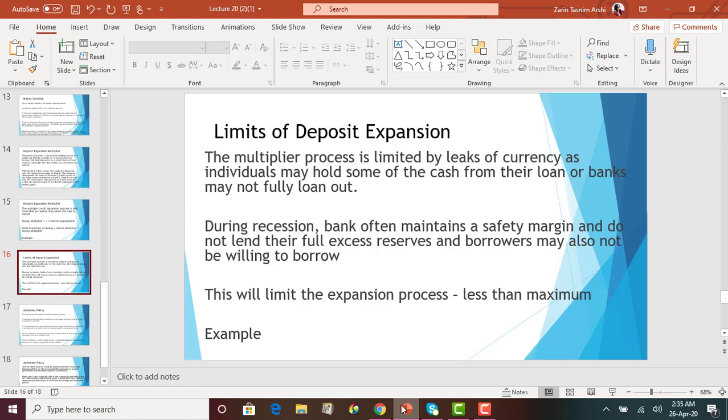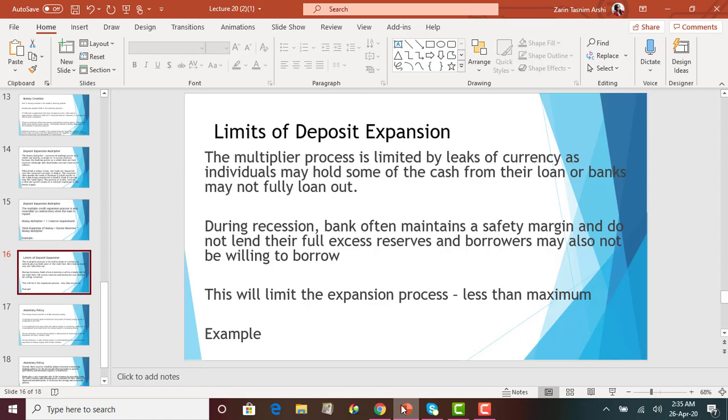So if people are not spending all their loan amount and keeping some amount as cash, that will limit the multiplication process. Now, the second reason why the multiplication process may be limited is when banks do not fully loan out. Let's say again, Tom deposits $1,000 to Chase. Chase decides to keep $100 as required reserve.